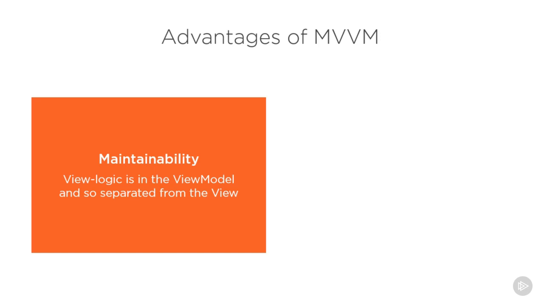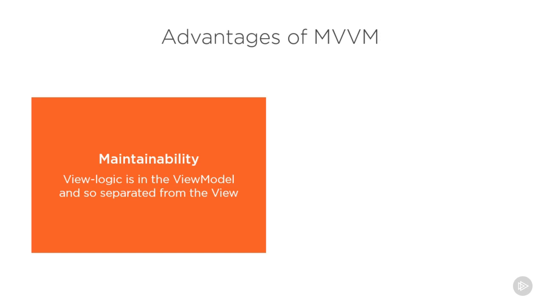On the other side, when you build the view, you don't have to care about the logic because that is implemented in the view model. So for example, if the view binds to a Save command property of the view model, the view has just to take care of the data binding. How the Save command works and how it is actually implemented is part of the view model. This separation between the view and the view model gives your application a really clean structure and makes it simple to maintain.